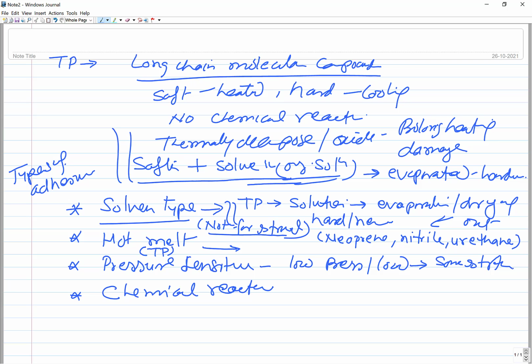But the joint produced by the pressure sensitive adhesive is also weak, so not good for structural applications.